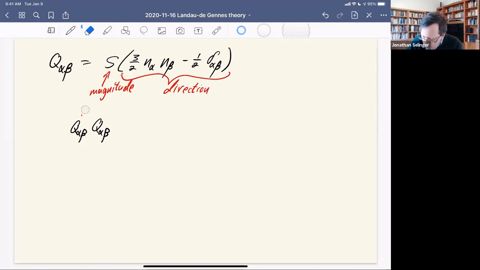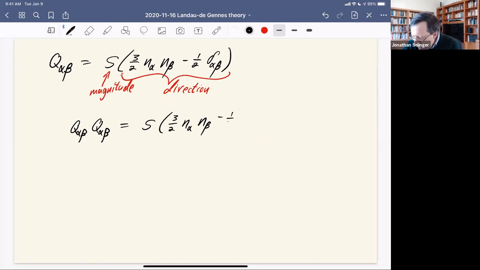Okay, now let's figure out what is this term in the free energy, the Q alpha beta, in terms of the magnitude and direction. So we'll substitute in Q alpha beta is this thing, S times 3/2 n alpha n beta minus a half delta alpha beta. Okay, contracted with another copy of the same thing.